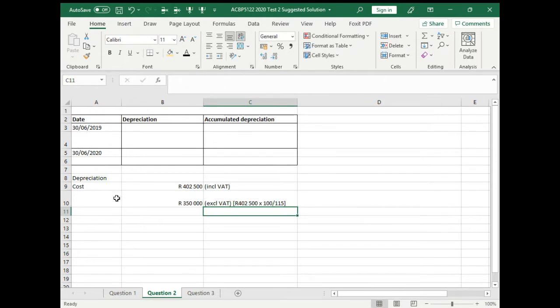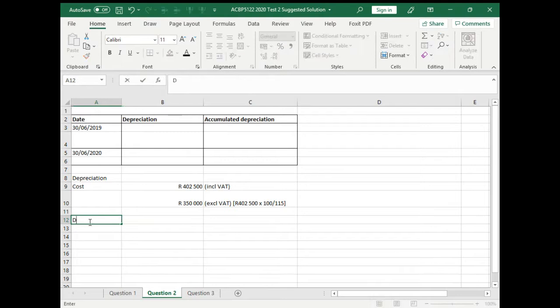Okay, so that is the cost that I am going to use. Now we said it is straight line method and we said it's over 6 years. So the depreciation would be for 350,000, and I'm going to divide it by the 6 years that I have.